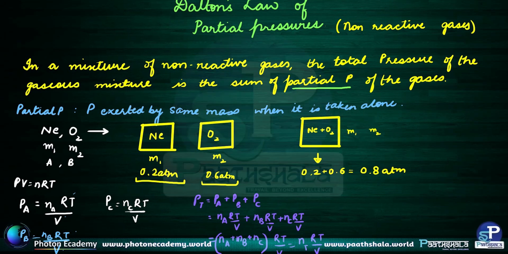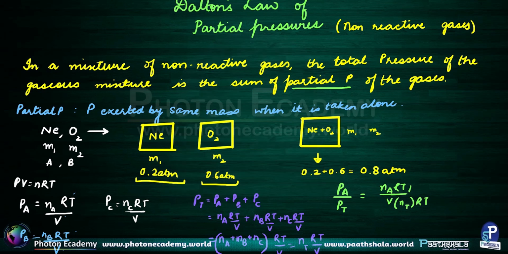If we now try to find a relation between the partial pressure of A and the total pressure, we can write it as Na times RT divided by V, divided by N total times RT divided by V. If we cancel out terms, RT gets cancelled and V also gets cancelled, and what we are left with is Na divided by N total, that is Na divided by (Na plus Nb plus Nc).